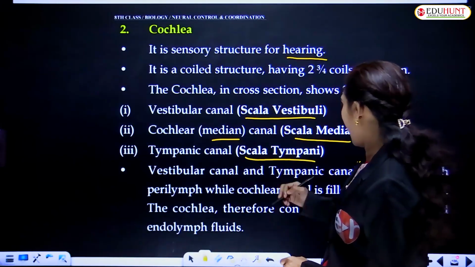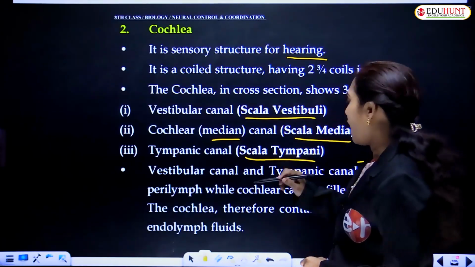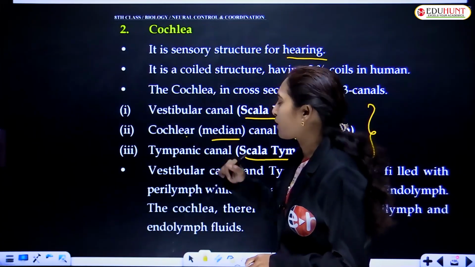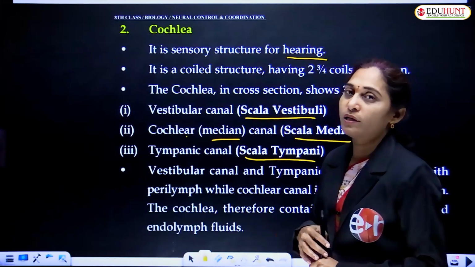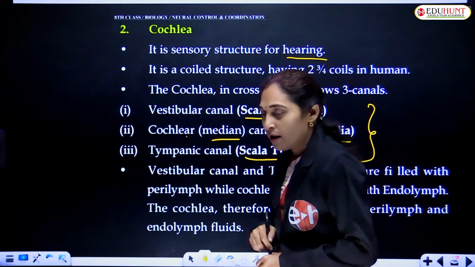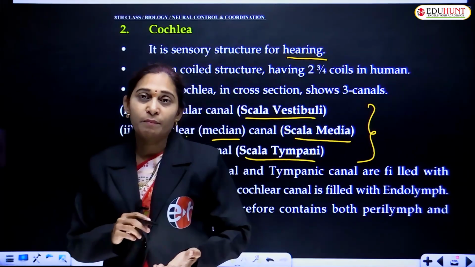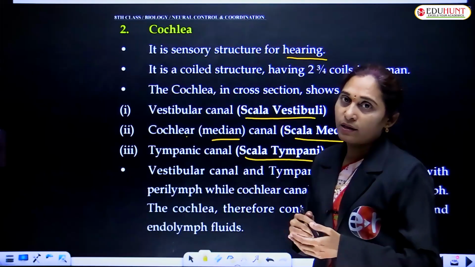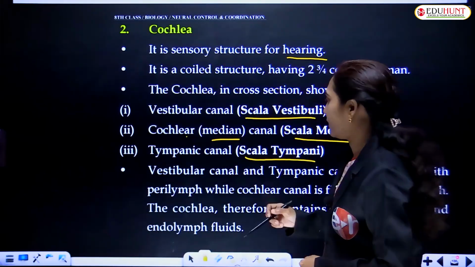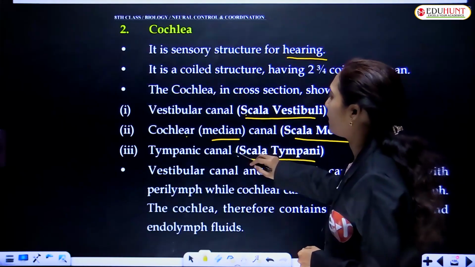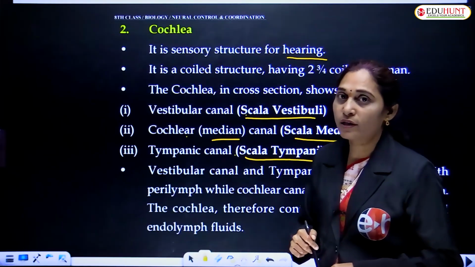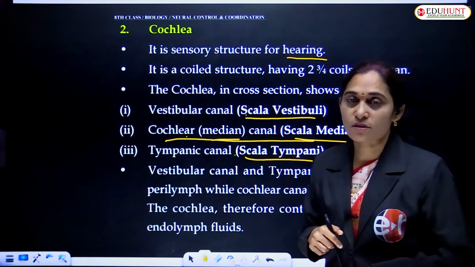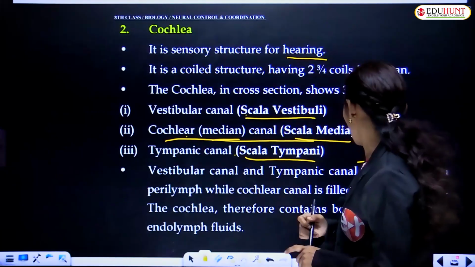The vestibular canal and tympanic canal are filled with perilymph, and the cochlear canal is filled with endolymph. Just now we have discussed endolymph and perilymph. The membranous labyrinth consists of endolymph, and the next one consists of perilymph. Like that, the vestibular canal and tympanic canal contain the fluid called perilymph, and the median canal of the cochlea contains endolymph.